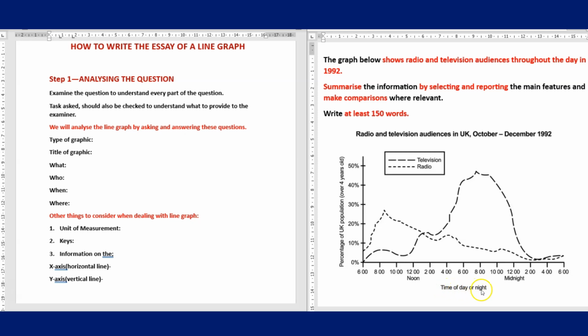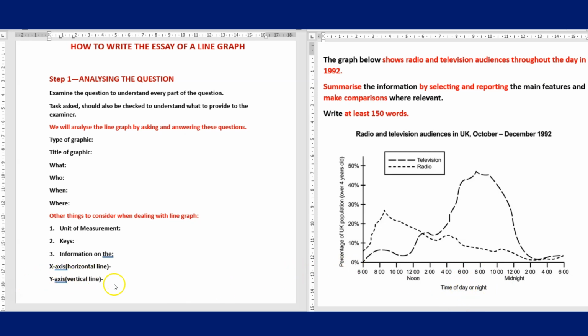If you take the morning, it starts from 6 o'clock in the morning. We have noon, 12 o'clock noon, 6 o'clock in the evening, and then 12 o'clock midnight, and then the next day 6 o'clock. Okay, so it shows 6 to 6. So the information on the x-axis shows time of day or night.